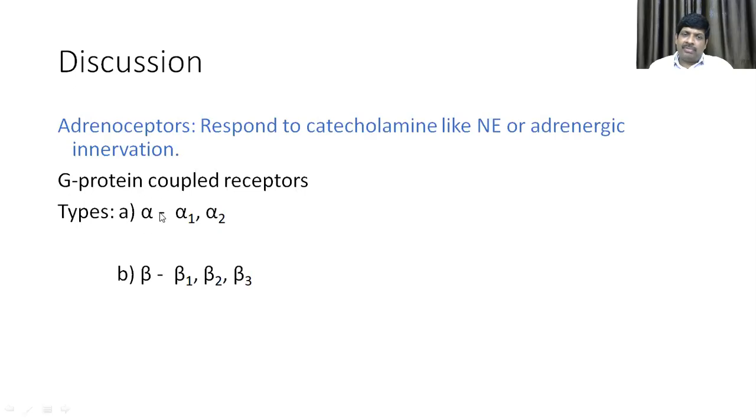There are two types of alpha, alpha 1 and alpha 2, with subtypes such as alpha 1A, 1B, 1D, and alpha 2 subtypes too. Beta receptors are beta 1, beta 2, and beta 3.